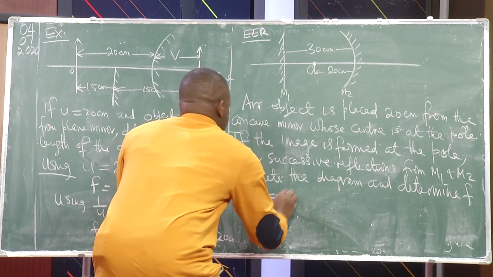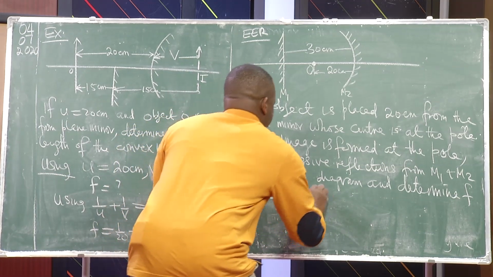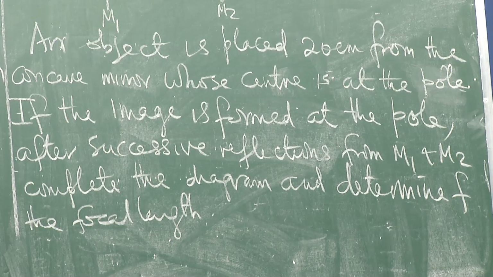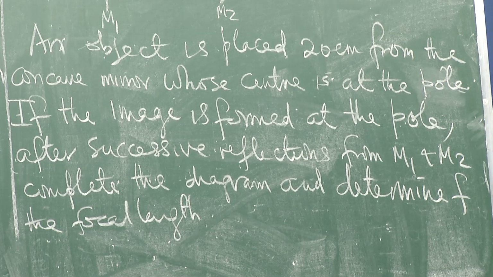Determine the focal length. They are saying complete that ray diagram if the object is 20 centimeters and the pole of the mirror M2 is the center at the same time. Draw a ray diagram, show successive reflections, and use the ray diagram to determine the focal length.